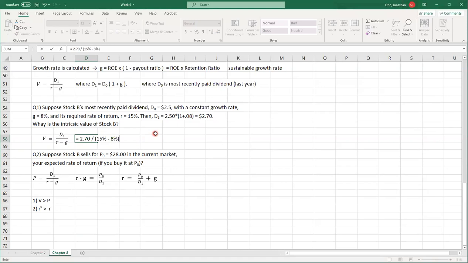That's how you calculate, based on this model: D1 over R minus G. You see that? $38.57. So let's change that to a dollar sign. $38.57, and that's the intrinsic value of this stock. Okay.